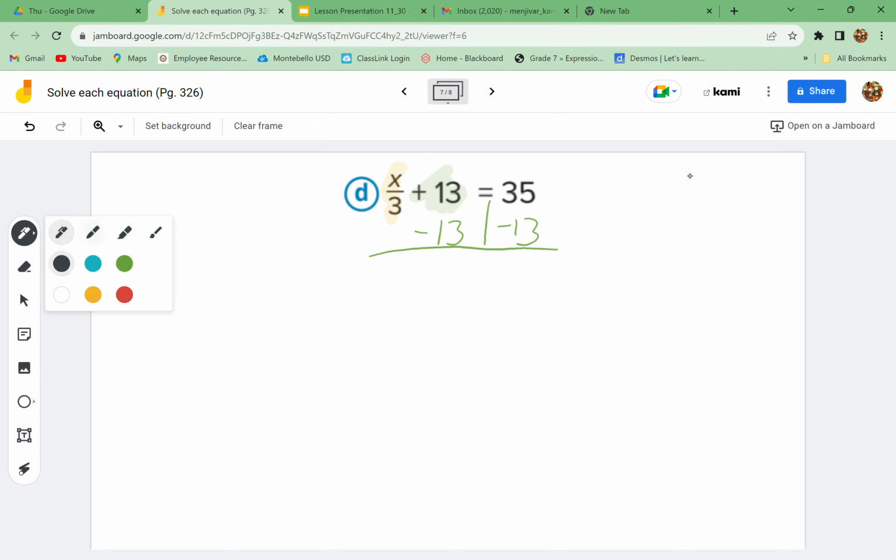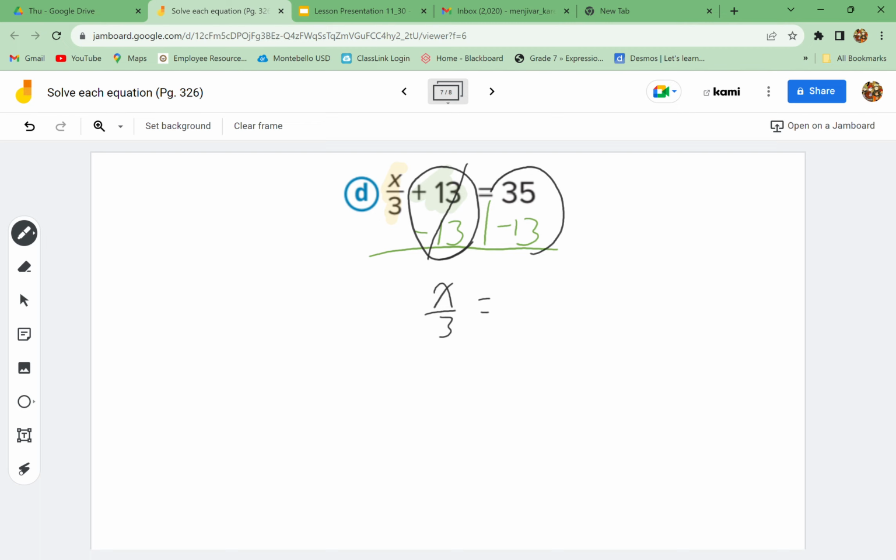Let me change color really quick. So we have these terms combined together, it gives you a giant 0. So that's done. And I get x over 3 on the left side equals, then I combine these terms together. So you have 35 minus 13, and that gives you 22.